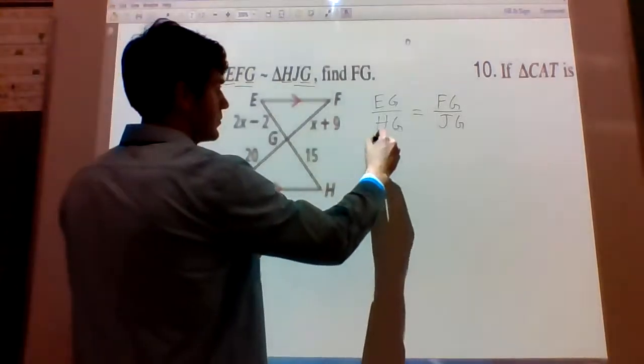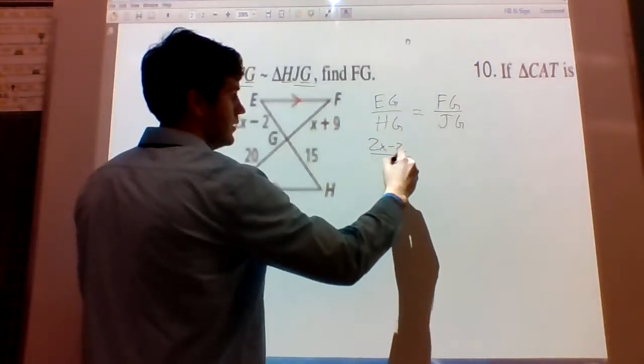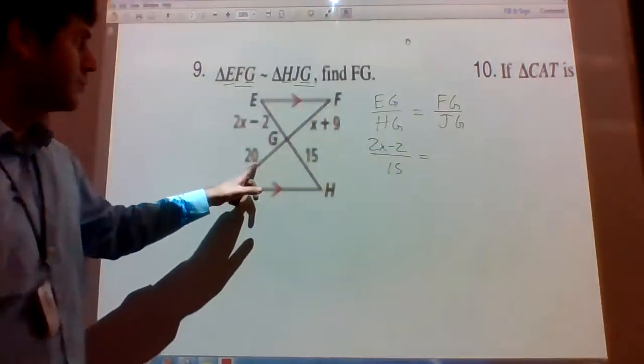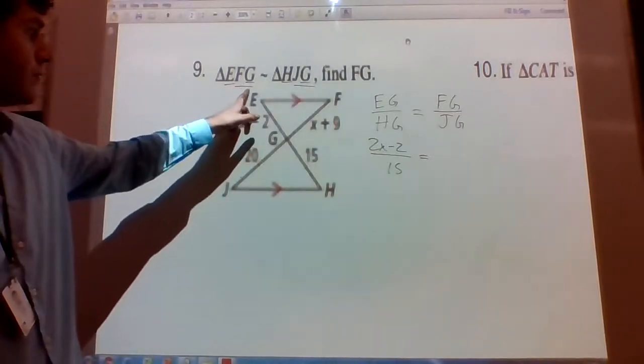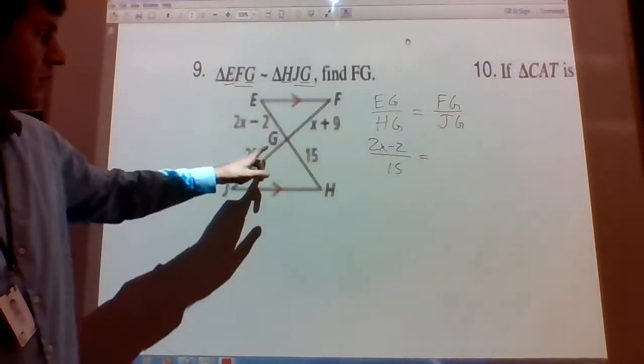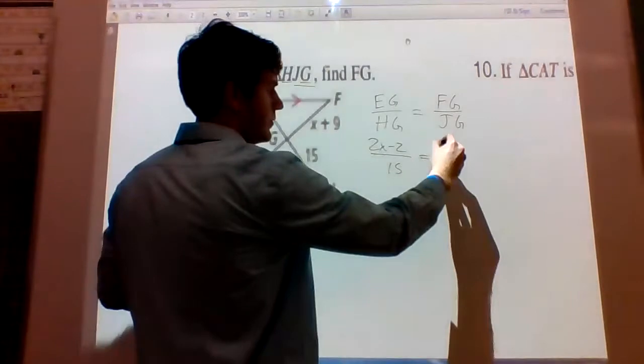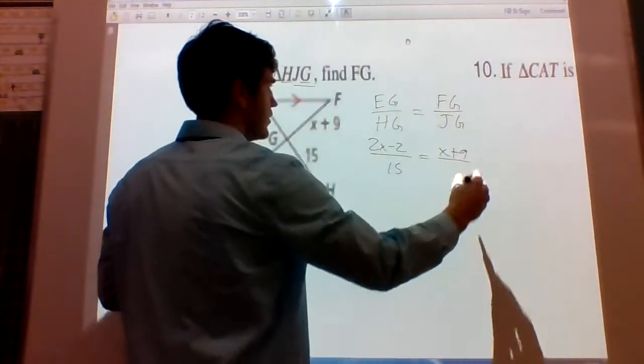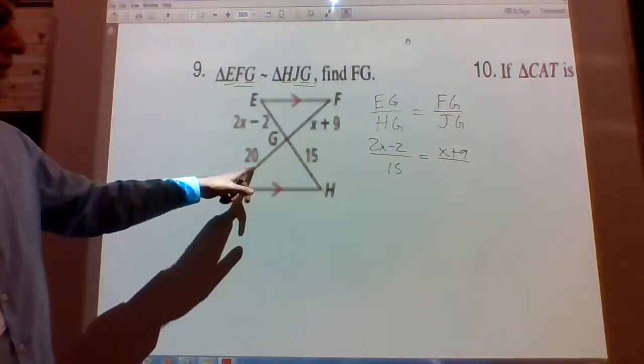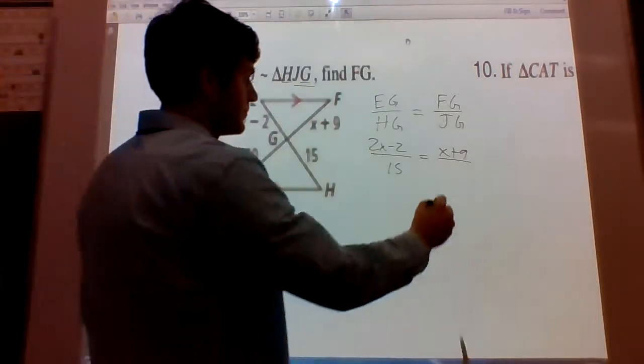So 2x minus 2 over 15. And then we have FG, which is x plus 9, over JG, which is 20.